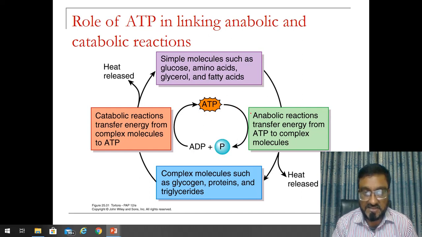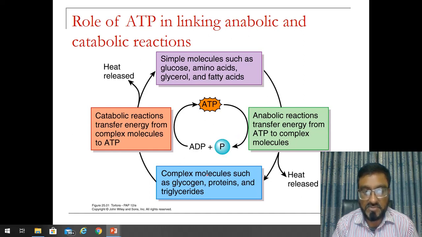And as a result of that, this ATP is converted into ADP plus Pi, so we may say that the energy is being utilized for these types of reactions. As a result, the product is generated. These simple molecules are now converted into complex molecules by the use of ATP.